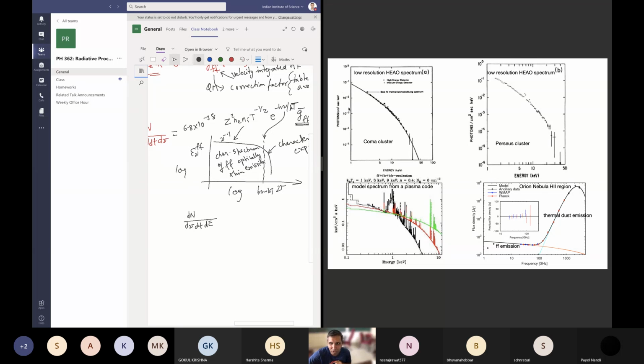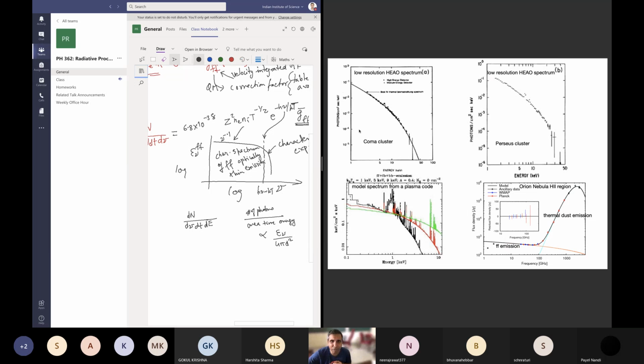The top two plots show the number of photons per unit area, per unit time, per unit energy. So this is like a flux. Flux is proportional to epsilon nu divided by 4 pi d squared, where d is the distance of this thing.